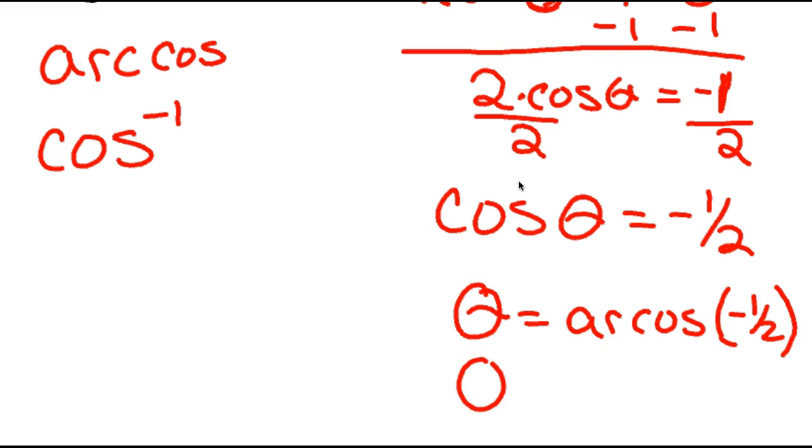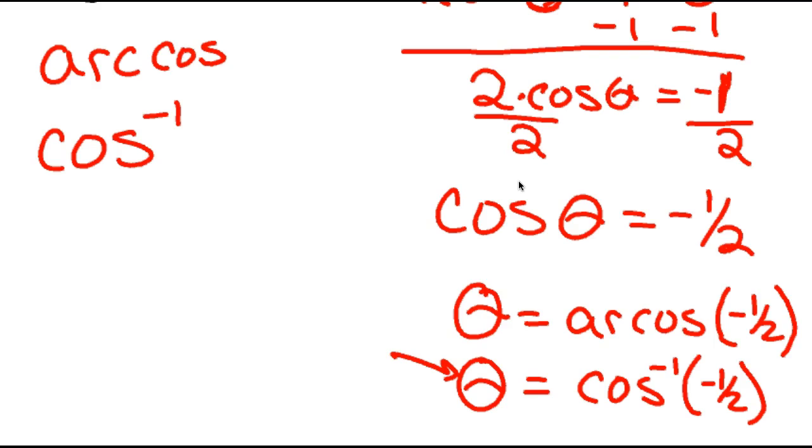Or theta equals, and this is the same thing, the inverse cosine of -1/2. So in both cases, this theta, we want the angle whose cosine is -1/2. So this is the inverse operation of that.